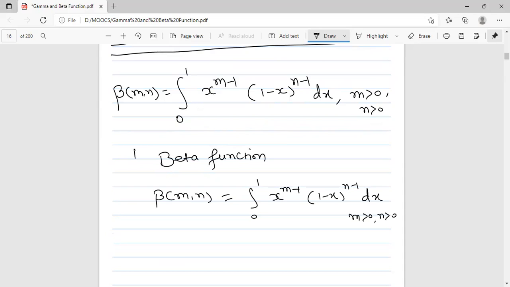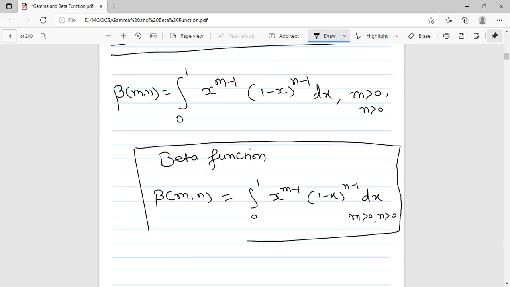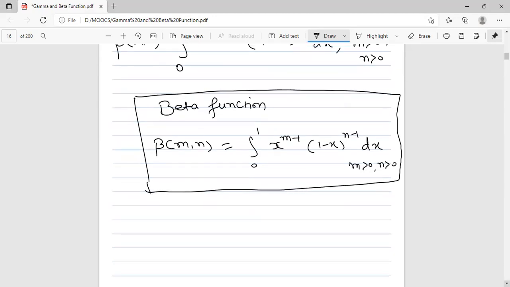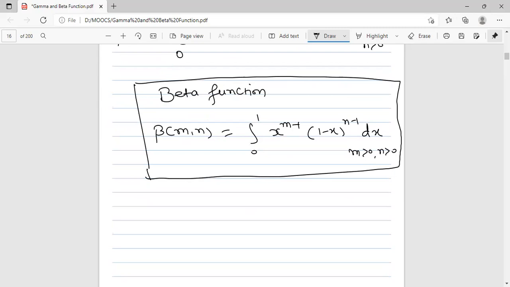Therefore, I will write here beta function. Now I will go to the results of the beta function, but before that, I will write some particular values, beta of 2 3. What is beta of 2 3?